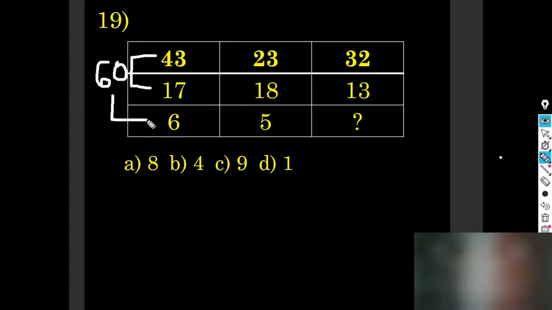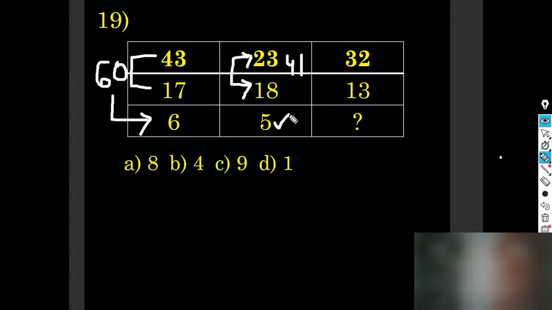We have 6 there. What they are doing means they are adding the sum of the digits. 6 plus 0 is equal to 6. Next, 23 plus 18 gives us 41. 4 plus 1 is 5.